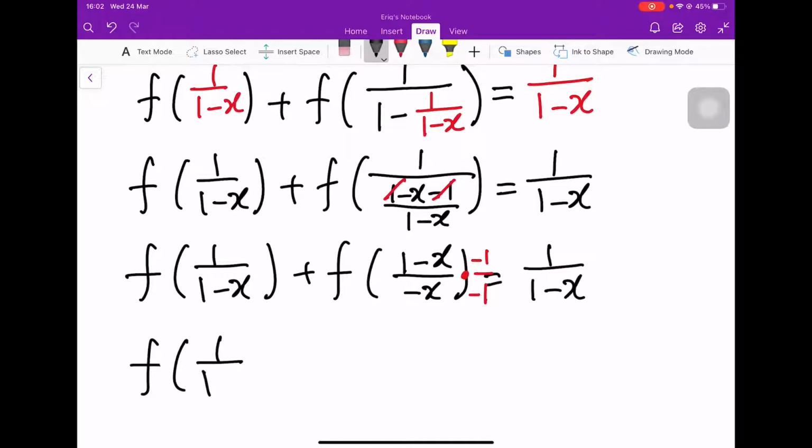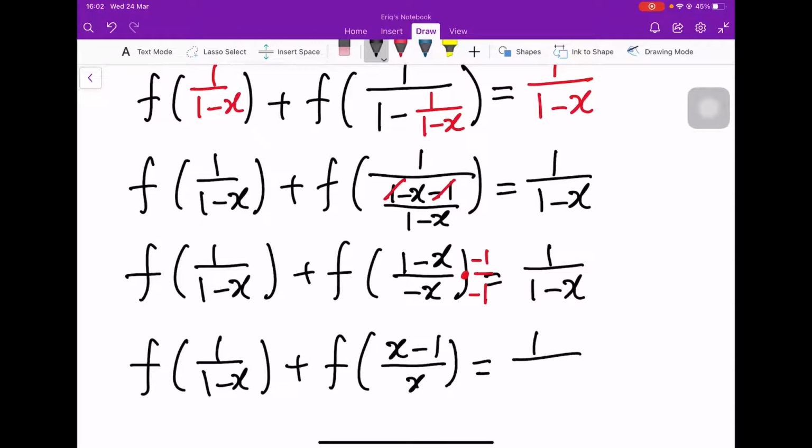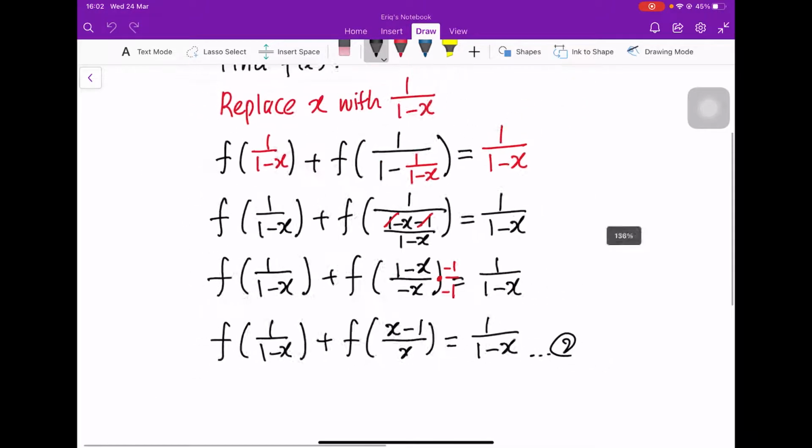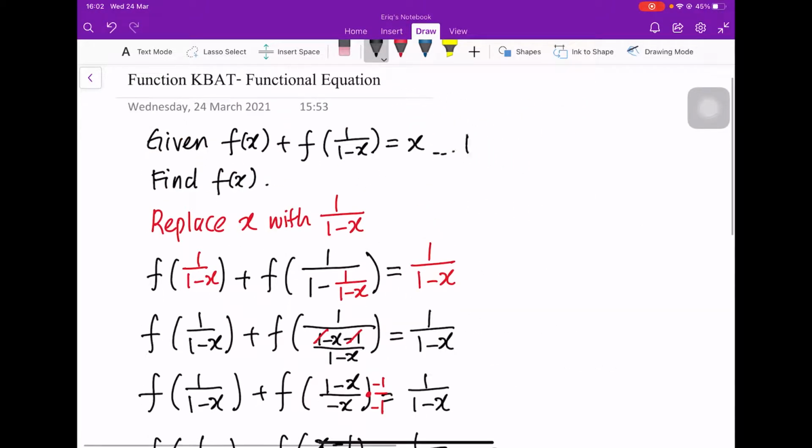If we multiply the top by negative 1, your x will become positive, so I'll write x first, then your 1 becomes negative, negative 1 over negative x times negative 1 is x, equals 1 over 1 minus x. And this is your equation 2, and your original equation is equation 1.